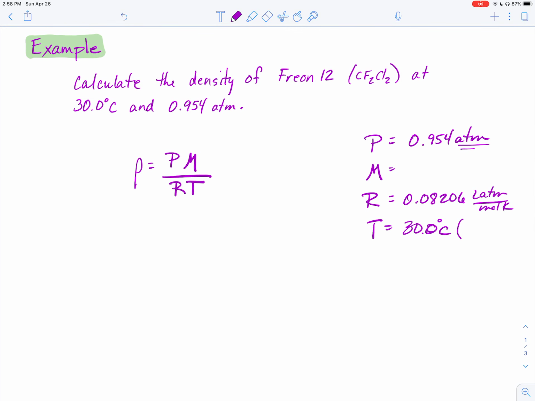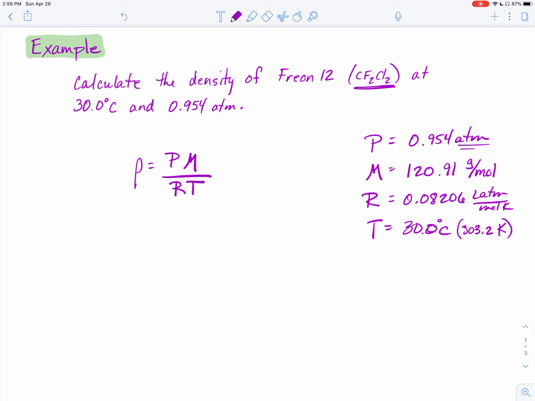So that ends up being 303.2, going to the first decimal place, and that would be Kelvin. The molar mass is something we would have to calculate based on the formula of Freon 12. Given that there's one carbon, two fluorines, and two chlorines, I get a total of 120.91 grams per mole. Grams per mole is the unit of molar mass.